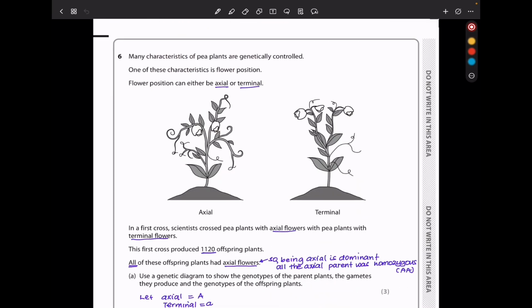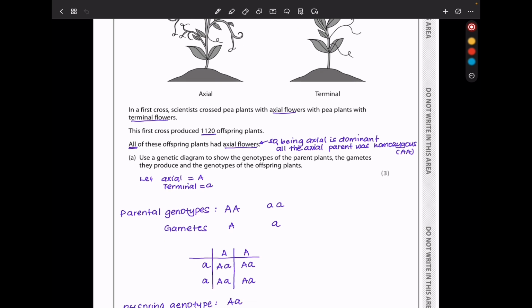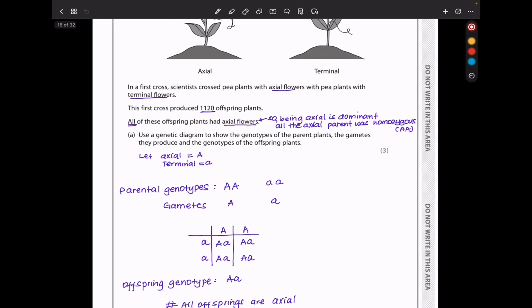In question 6, many characteristics of pea plants are genetically controlled. One of these characteristics is flower position. Flower position can either be axial or terminal. They say, in a first cross, scientists cross pea plants with axial flowers with pea plants with terminal flowers. The first cross produced 1,120 offspring plants. All of these offspring plants had axial flowers.